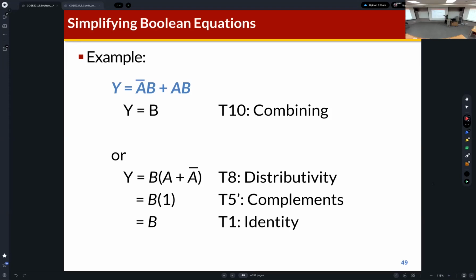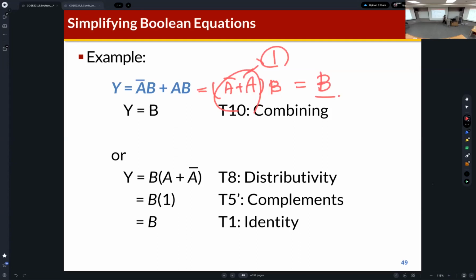If we apply the combining theorem, we can rewrite this Boolean equation like a bar plus a, right? And b, and then a bar or a equals 1. Okay, so 1 and b is also b.